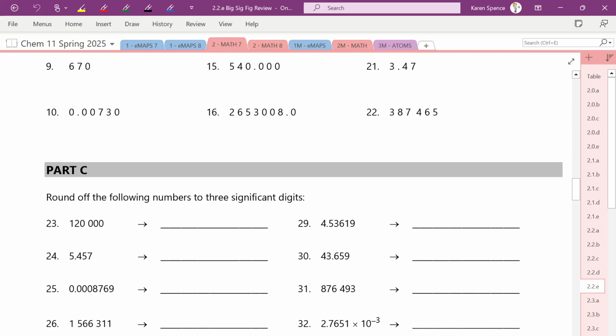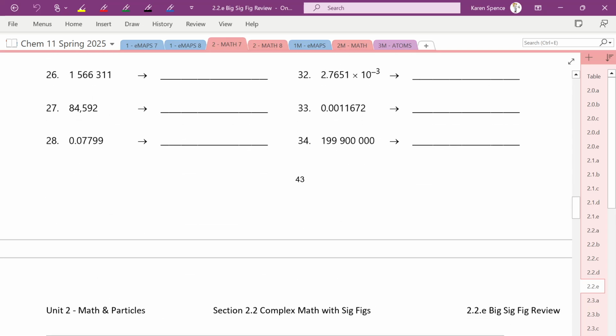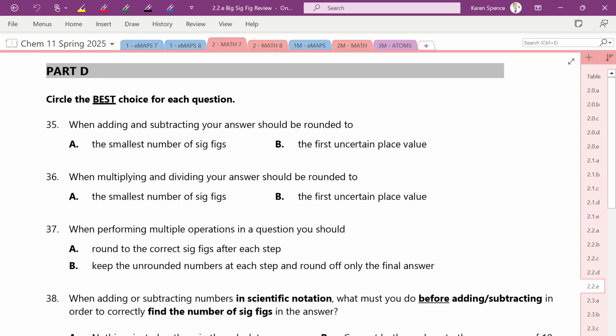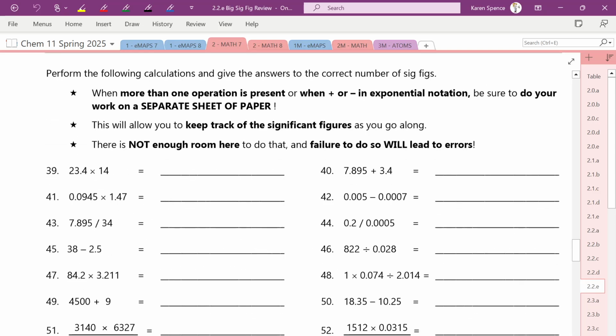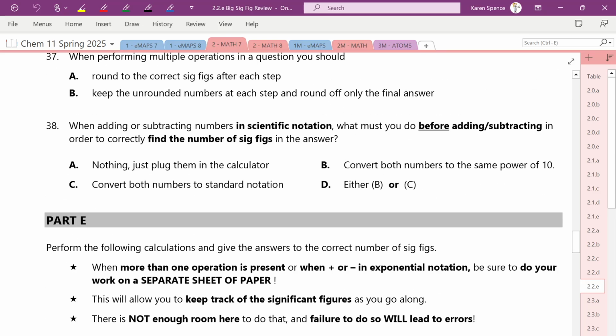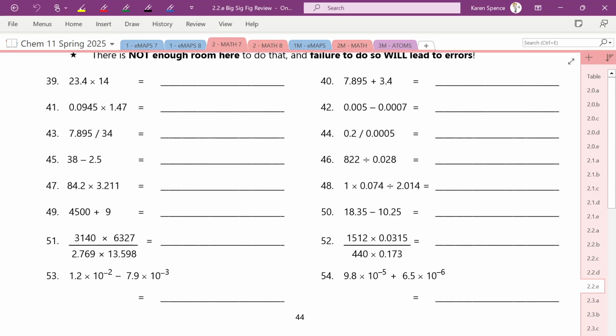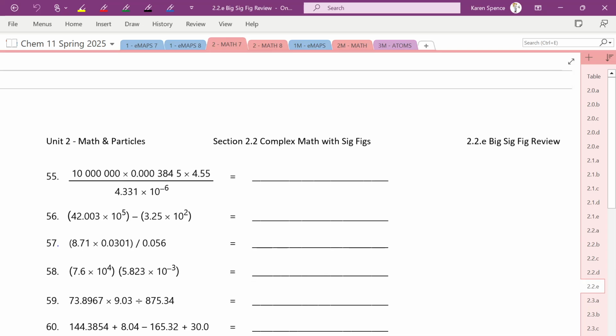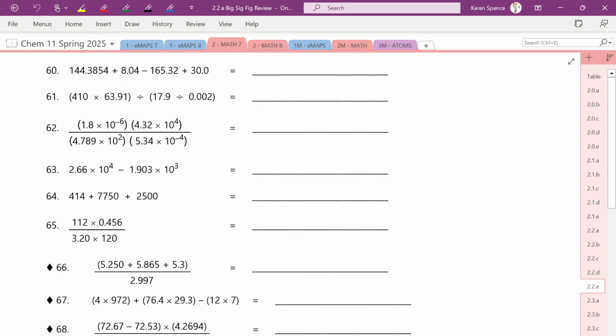Part C is rounding off. You could just start with part D, and that would be a good review. And then part E, calculations, and more calculations. Should you do every single calculation? No, that might drive you crazy.